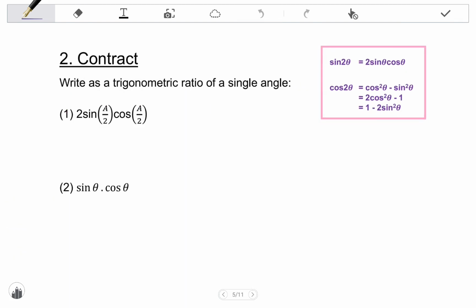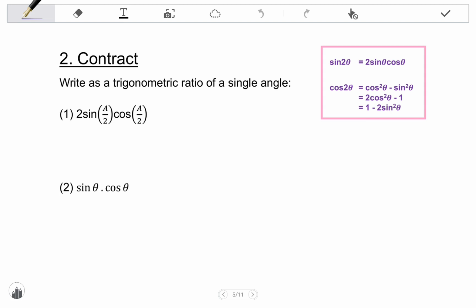Okay, now we are asked to contract, which means we are going to be working from the right side of the formula to the left side. Okay, so if we look at the first one, it says write as a trigonometric ratio of a single angle. Okay, so I have 2 sine A over 2 cos A over 2. The first thing I notice is that my angles are the same, which is good. I need them to be the same to use the formulae.